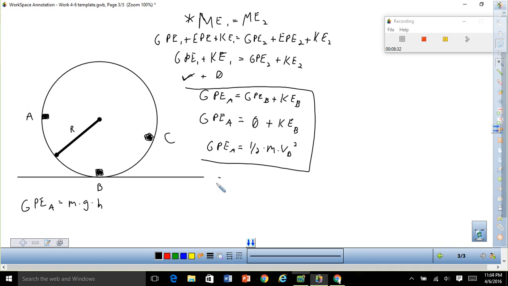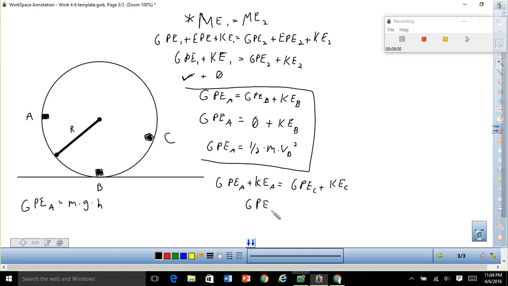All right. And so once again, we see that the GPE at point 1, or at point A, plus the kinetic energy at point A equals GPE at point C plus kinetic energy at C. Again, GPE at point A is a known value, and kinetic energy at point A is 0.